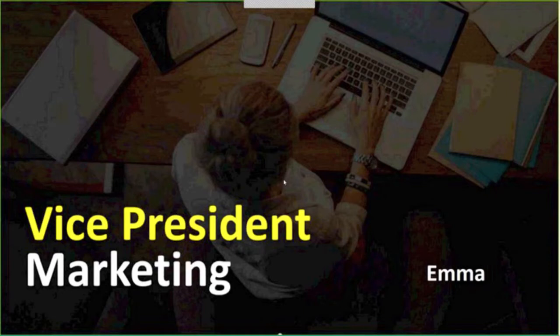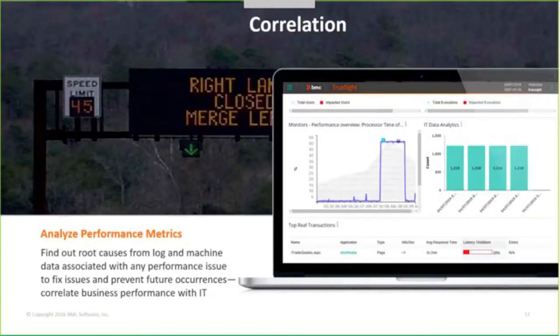So if you think about it, Emma has a marketing campaign, and they want to figure out how much money they should invest in the IT resources to make sure that goes off without a hitch. So, for example, taking a look at a variety of metrics, the IT operations staff can help Emma with her plan.